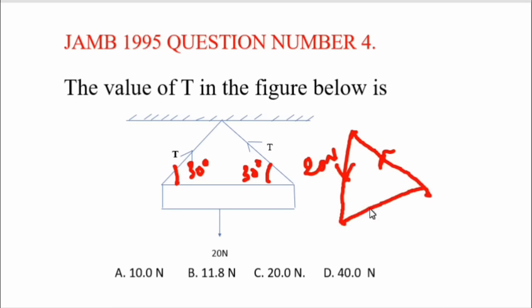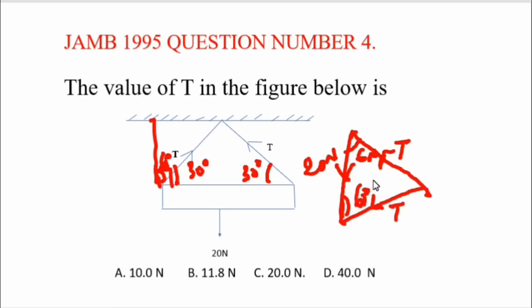Since we have found before that the angle here is 60 degrees, because this is 90, we now have that the angle this tension makes with the vertical is 60 degrees, while for this tension it is still 60 degrees.